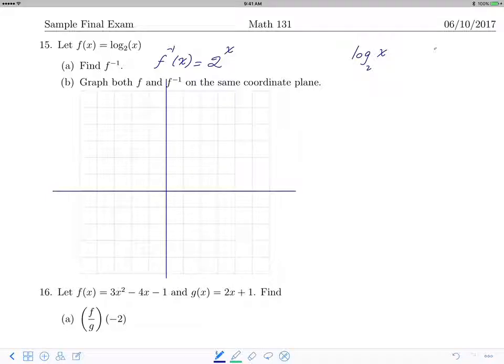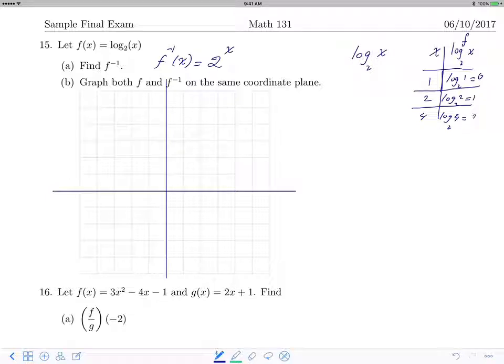Okay, so we can make a table here of x and log base 2 of x. This is our f function. So when x is 1, when x is 2, when x is 4. So log of 1 base 2 is 0. Log of 2 base 2 is 1. Log of 4 base 2 is 2.